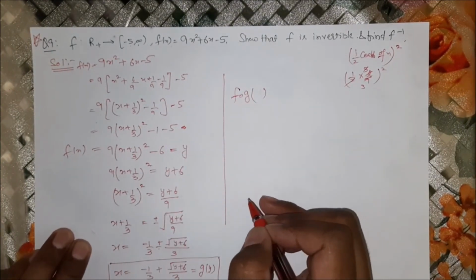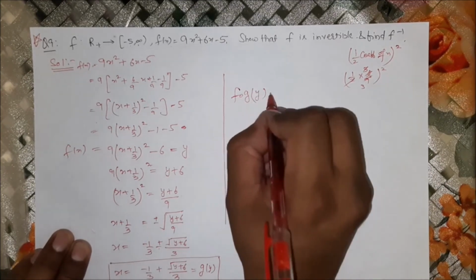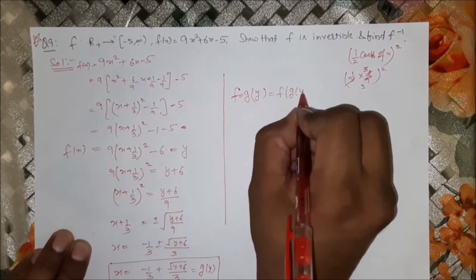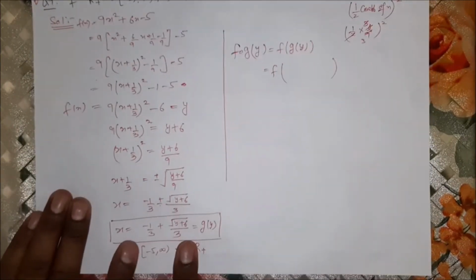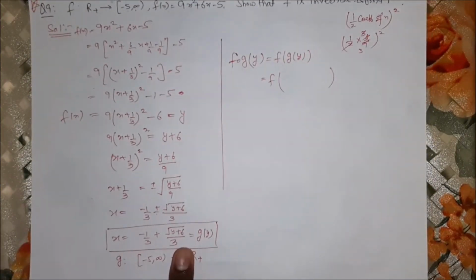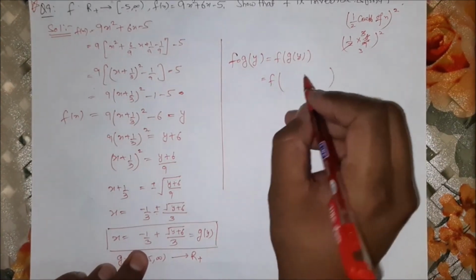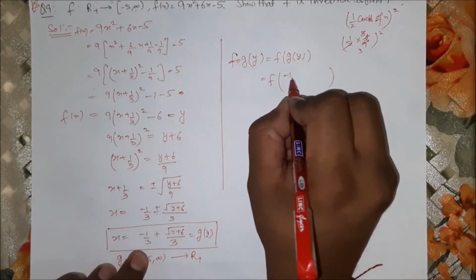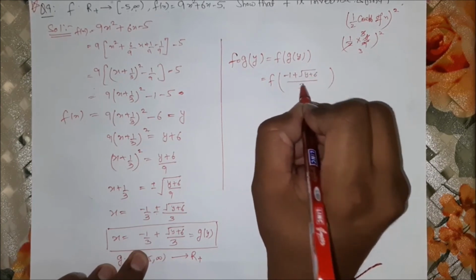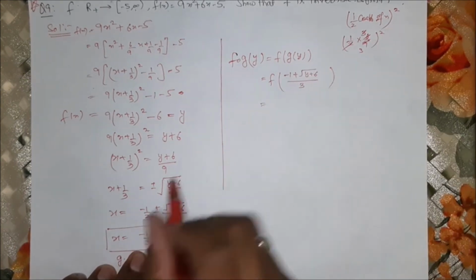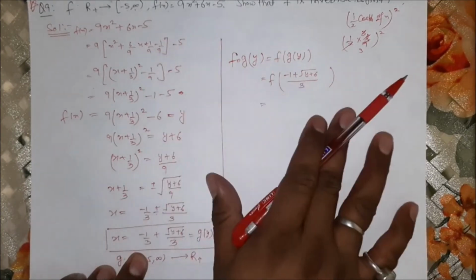Okay. Now for fog we will consider y, which is f of g(y). The value of g(y) is minus 1 by 3 plus root (y plus 6) by 3. So put this value, I combine the terms. Now what f will do? In f we will put the values.